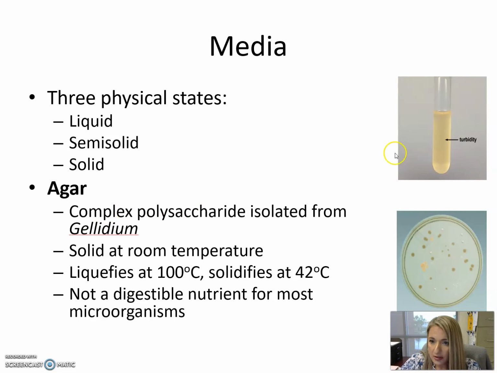So really the only difference between this nutrient broth here and this nutrient agar plate here is the presence of agar. They both have the same types of nutrients. It's just that this broth does not have agar, and that's why it's in the liquid form. And then this plate does have agar, and that's why it's in the solid form.